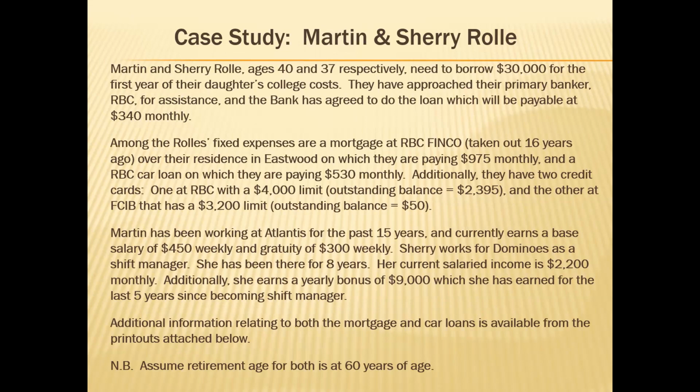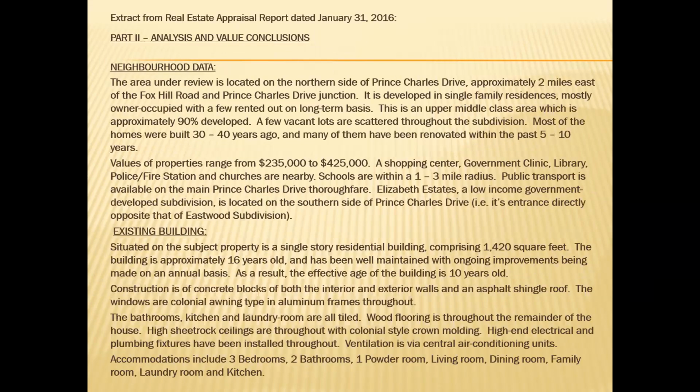Also, we have an extract from the real estate appraisal, and in fact, we went through the full appraisal in our tick sheet exercise, but this is the excerpt from that appraisal that relates directly to this particular case study.